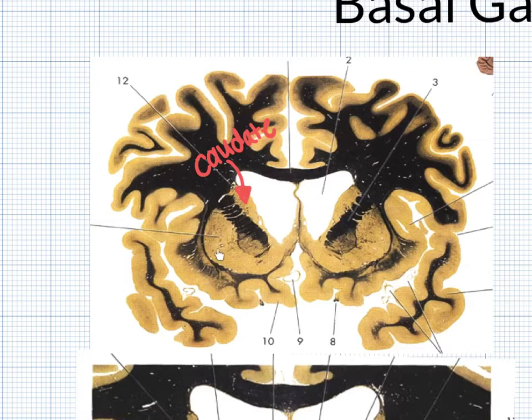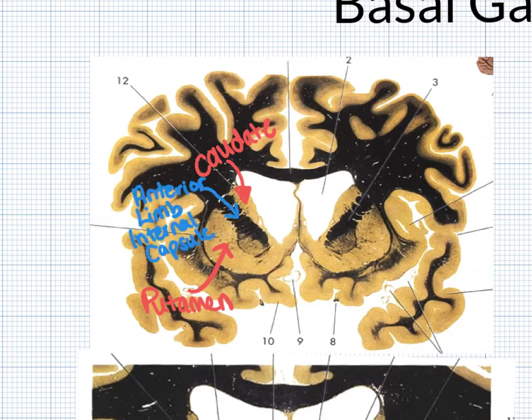And then here we have the putamen. And these myelinated fibers located between the caudate and the putamen are the anterior limb of the internal capsule. And then where the caudate and the putamen come together in this region, this is called the nucleus accumbens.